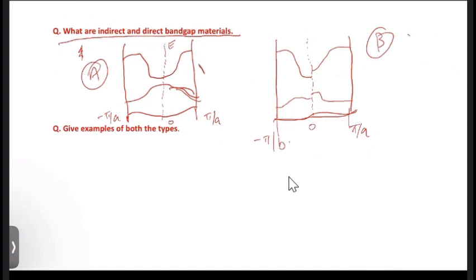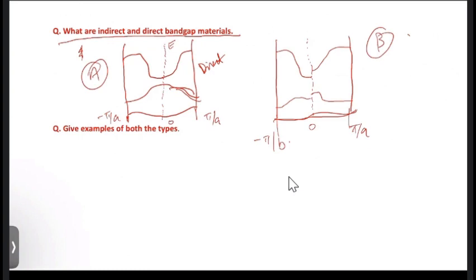This is direct band gap because the lowest point of the conduction band and the highest point of the valence band fall over one another. Okay, they are in the same position.